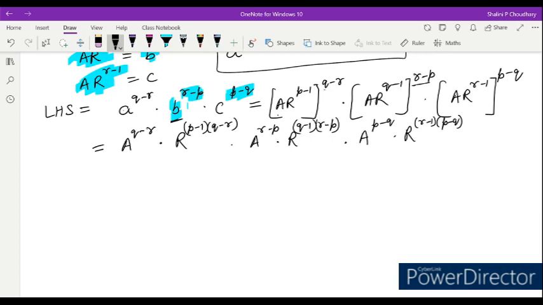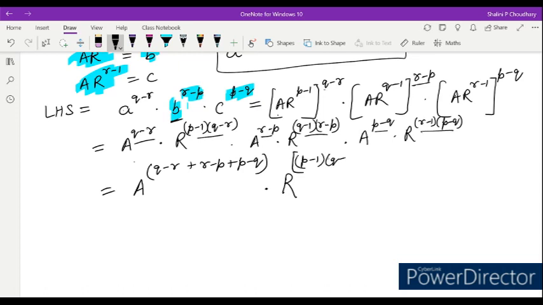Okay. All are in multiplication, so can we write the power of A as this one plus this one plus this one: A to the power (q minus r) plus (r minus p) plus (p minus q), into R to the power (p minus 1)(q minus r) plus (q minus 1)(r minus p) plus (r minus 1)(p minus q).